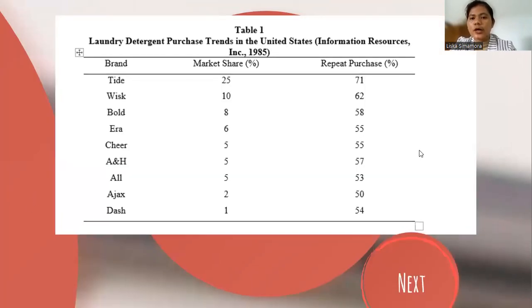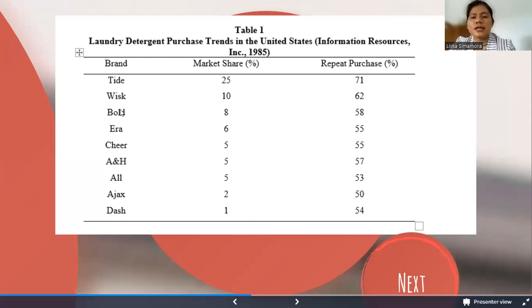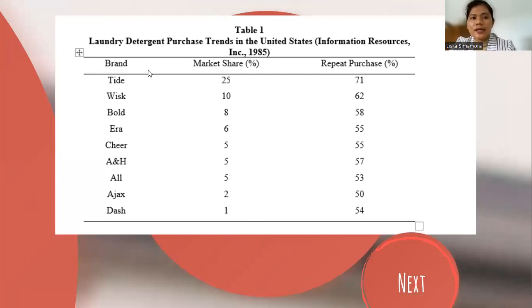Okay, so this one is an example about brand image, how the brand research works. This company is a laundry detergent producer.